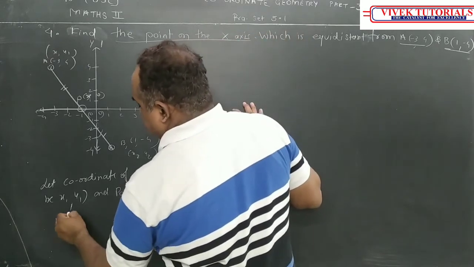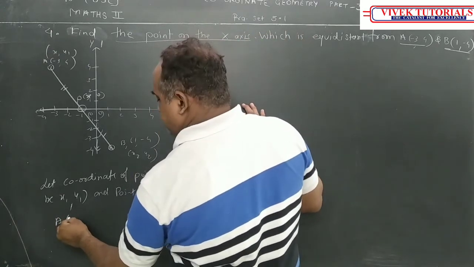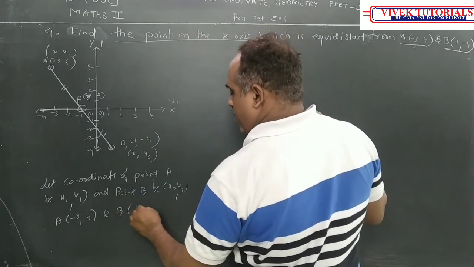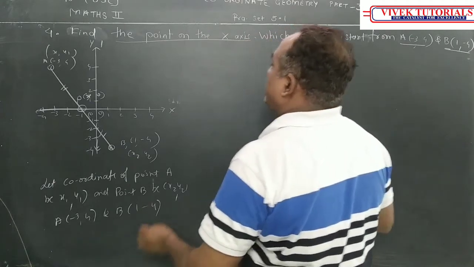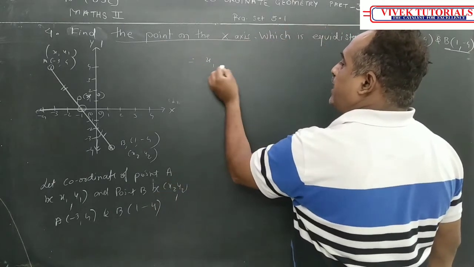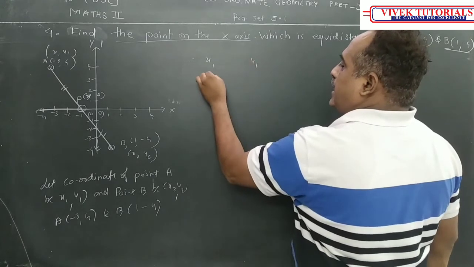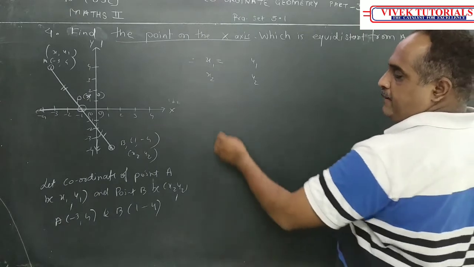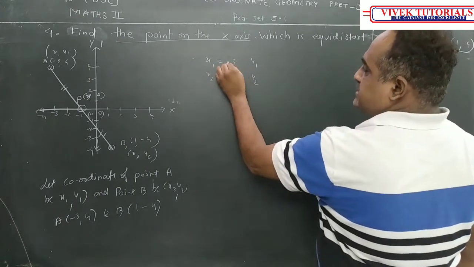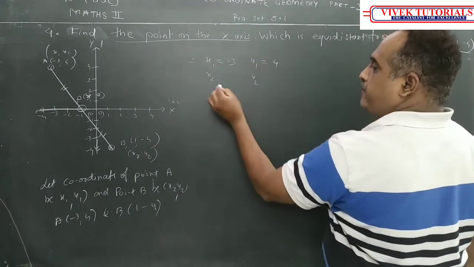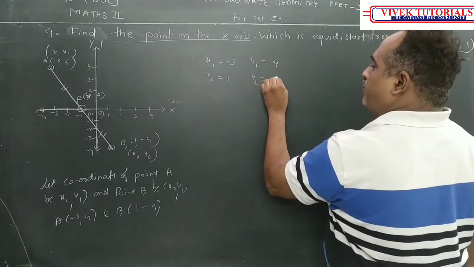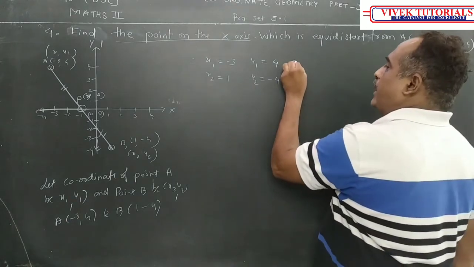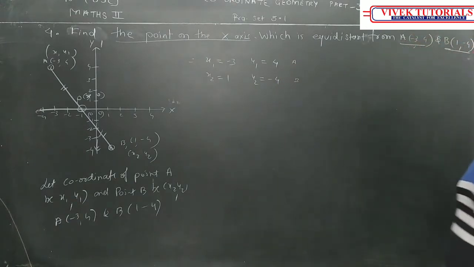But what is the coordinate of A? The coordinate of A is -3, 4 and B is 1, -4. So therefore x1, y1, x2, y2: the value of x1 is -3, it is 4, it is 1 and -4. Okay, this is for point A, this is for point B.